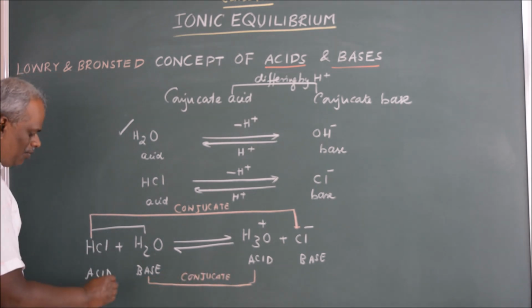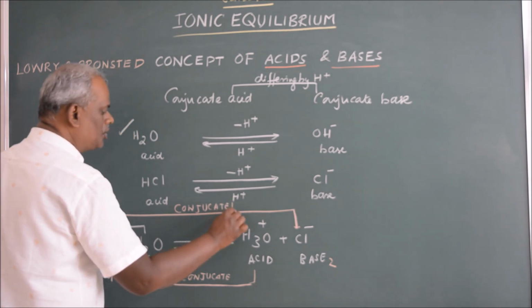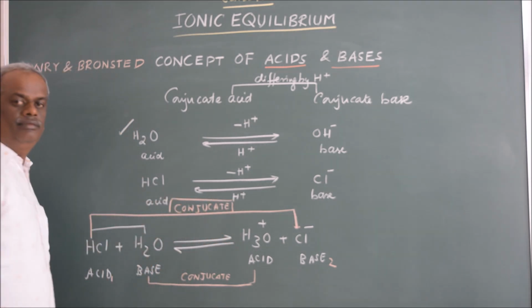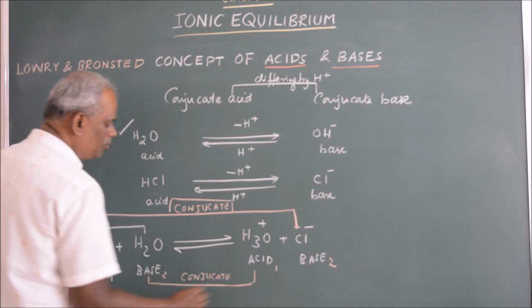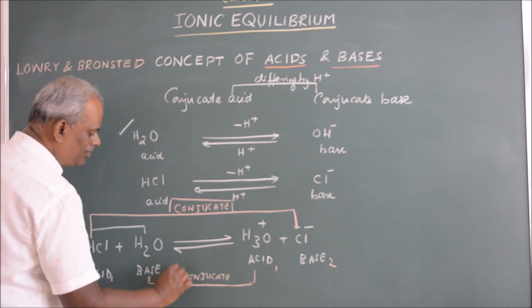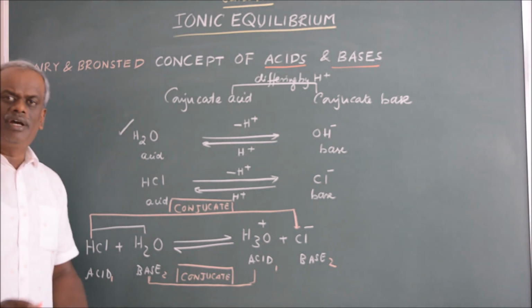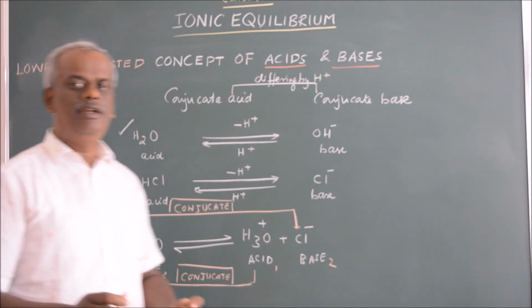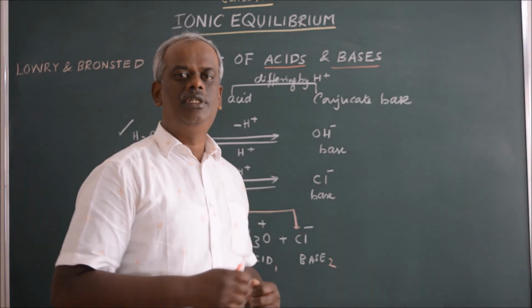The acid 1, which is giving base 2, they are conjugate with each other. Base 2, which is providing the acid 1, they are conjugate with each other. So this is a conjugate acid-base pair. For any example, you can easily identify the conjugate acid-base pairs present in that combination.